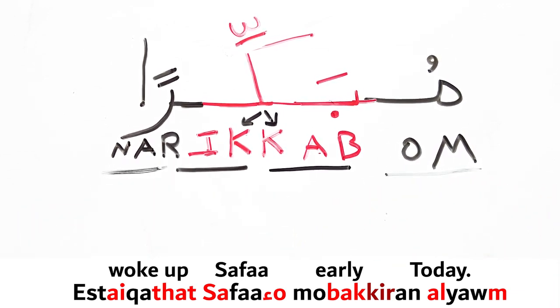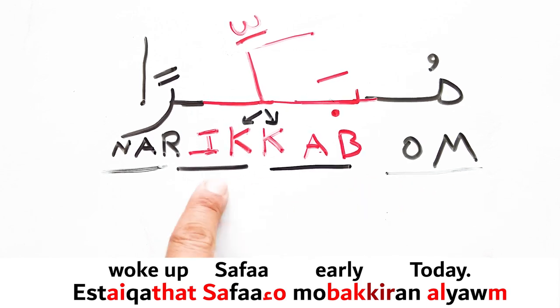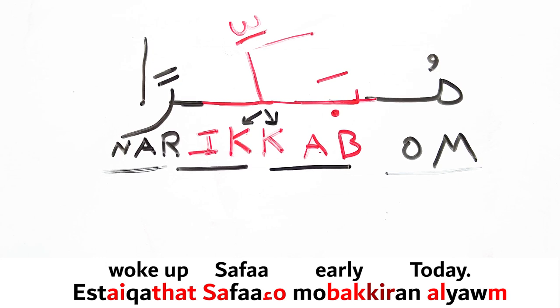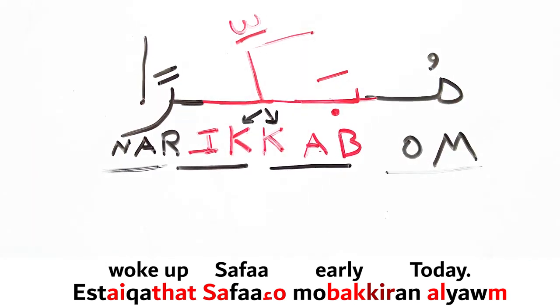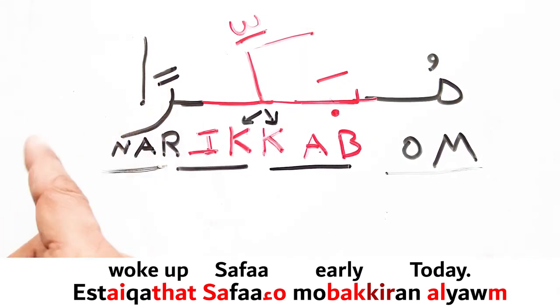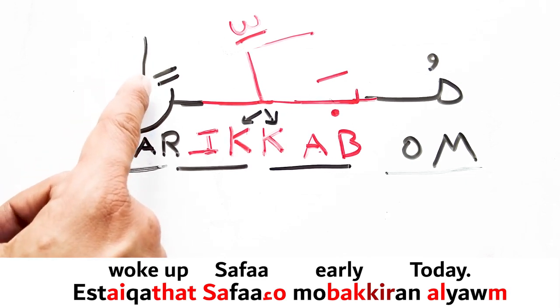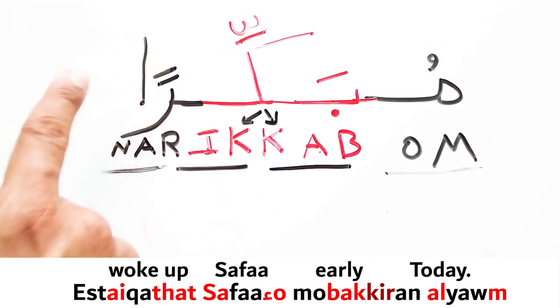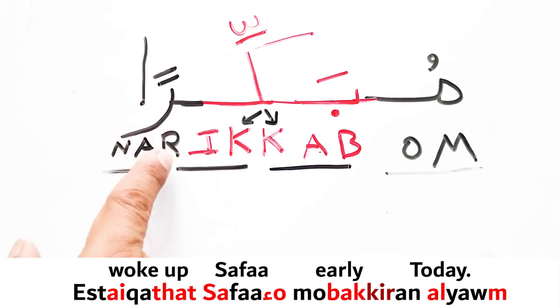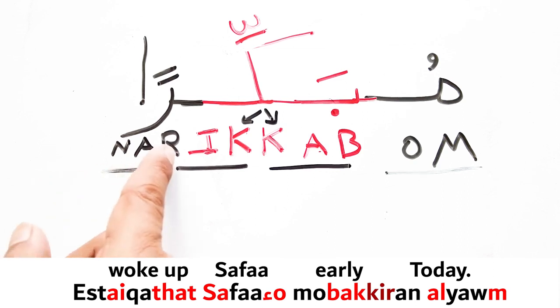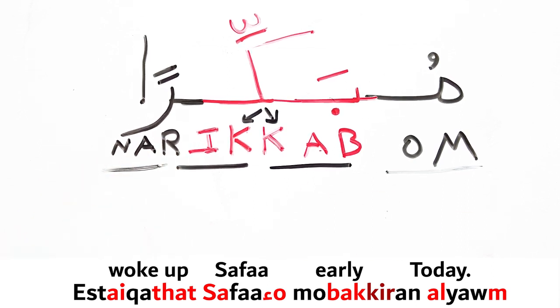Mubakkiran. We call it tanween bil fath. When you find any word in Arabic that ends with any letter, and on the top of it 2 fathas like this, followed by alif, you must pronounce it like this. You must add the sound of noon after, like this. Ran. Mubakkiran.